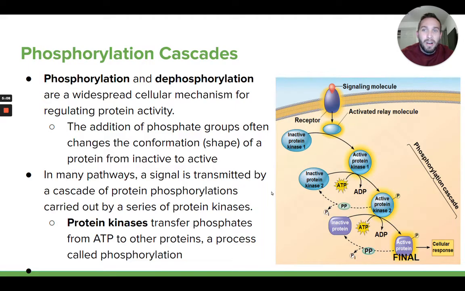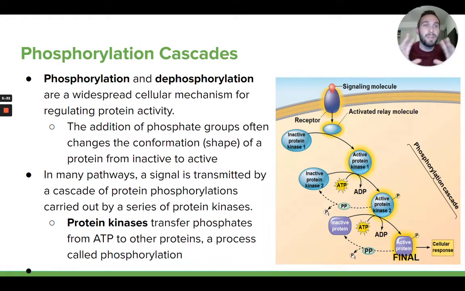A lot of times what's going to happen in the cell is proteins are going to become phosphorylated, meaning that phosphate groups are put on certain proteins. And when they have phosphate groups attached to them, they change shape.